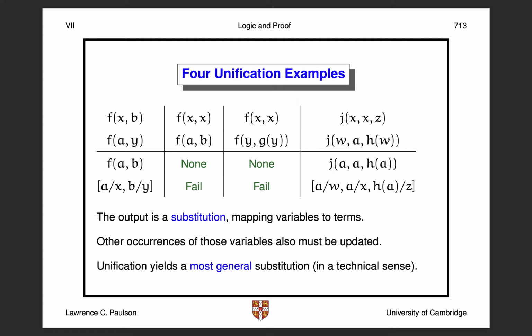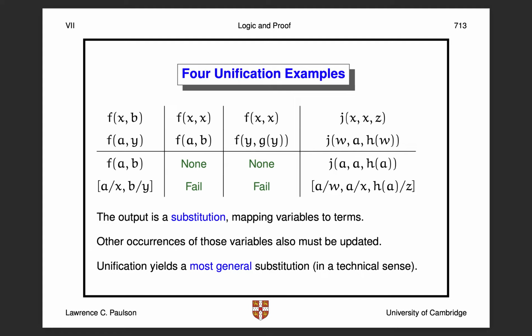May I first point out the obvious, that if the two terms that you are trying to unify look completely different, like f of x and g of y, then they are not unifiable, because f is not g. And please do not answer a question with saying yes if f equals g. So, here f never equals g. And equally, a never equals b. If they were equal, they would both be written a.